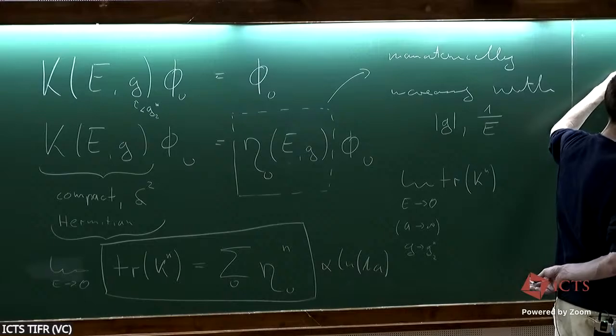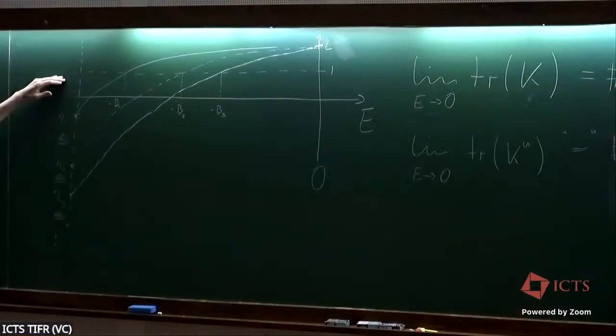Why am I allowed to put all those etas below 1?